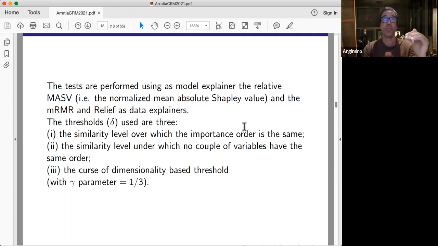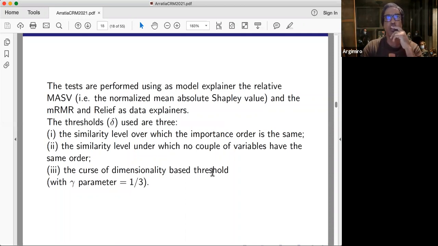And for the threshold, I will use my 3 criteria, so I will do experiments setting my threshold using my curse of dimensionality criteria, or my similarity level over which the importance order is kept the same, or where the importance order is not maintained.